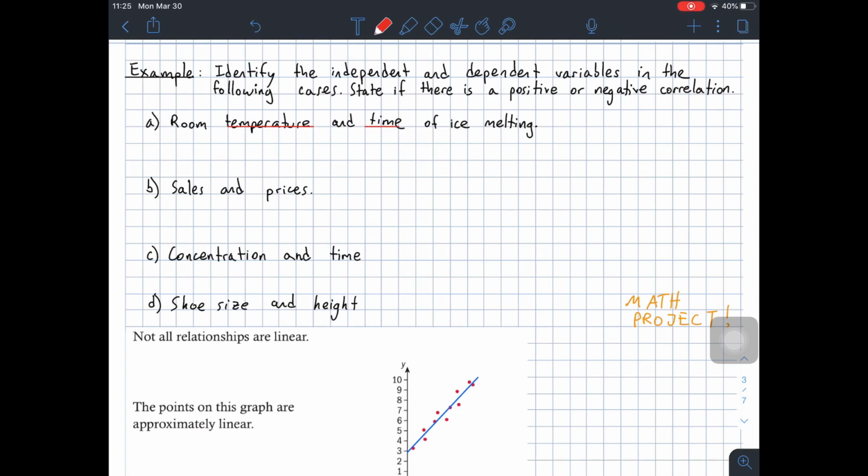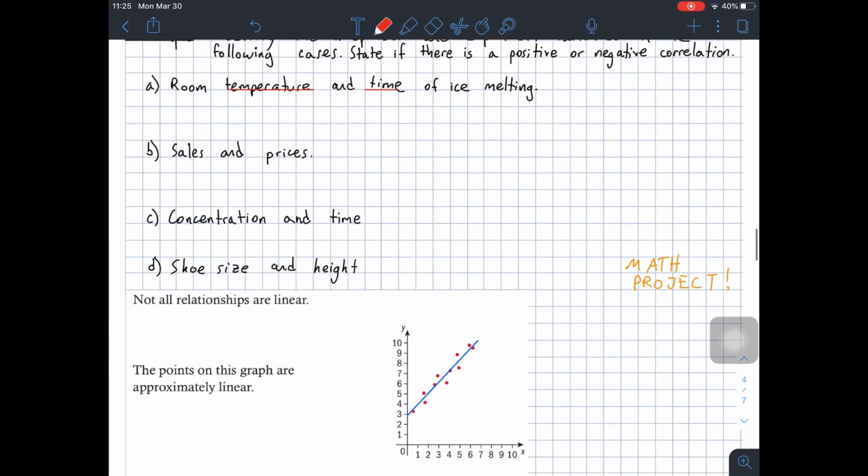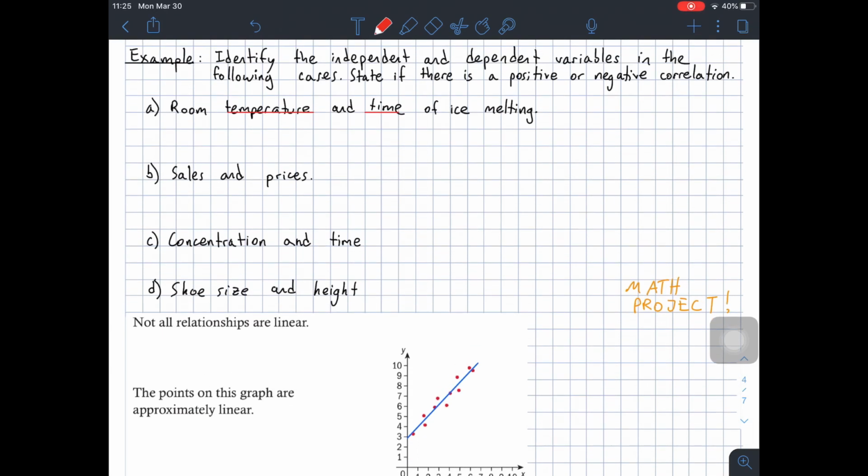So temperature and time. Which one do you think should be the independent variable? The independent variable should be temperature, right? While the dependent variable would be time of ice melting, right? Dependent variable. There you go.